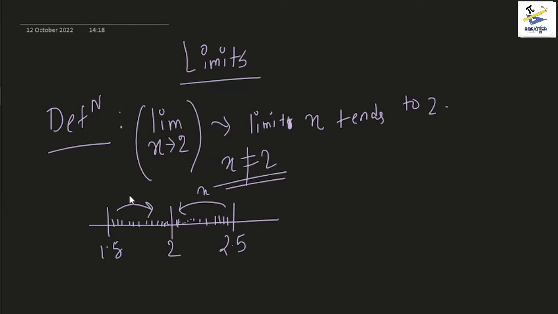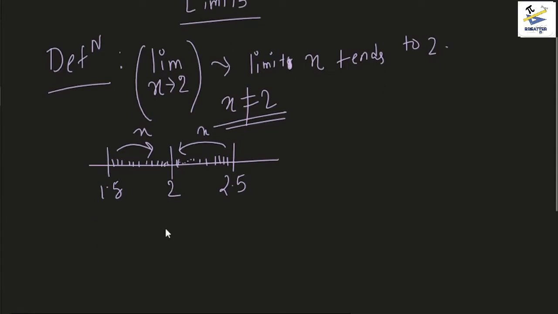So the values that this variable assumes go towards 2 infinitely closer but never actually close enough to be equal, right?